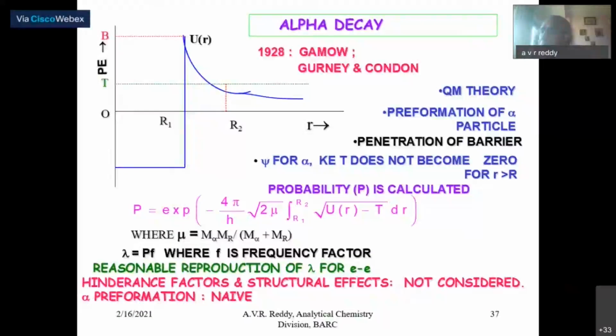Alpha particle pre-formation is very difficult to conceive, but they used the words "under favorable conditions" an alpha nucleus will be formed, and if its energy is adequate, then it can penetrate.